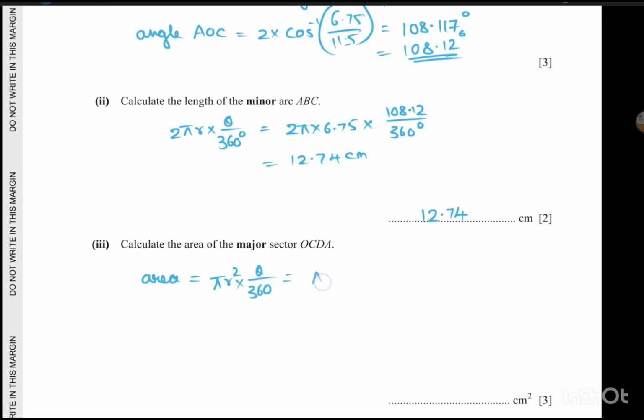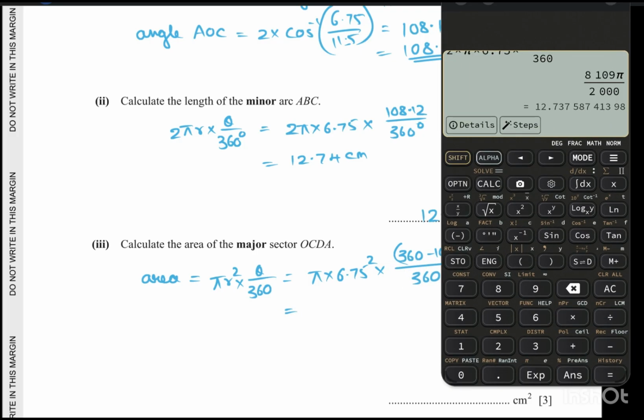That will be pi into 6.75 square into (360 minus 108.12) by 360. Use the calculators and find out. Shift button, pi into 6.75 square into (360 minus 108.12) by 360.